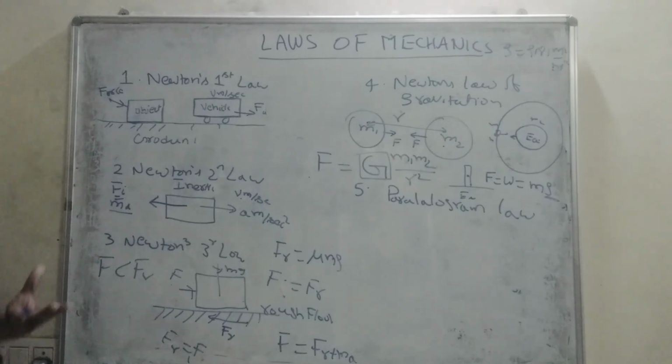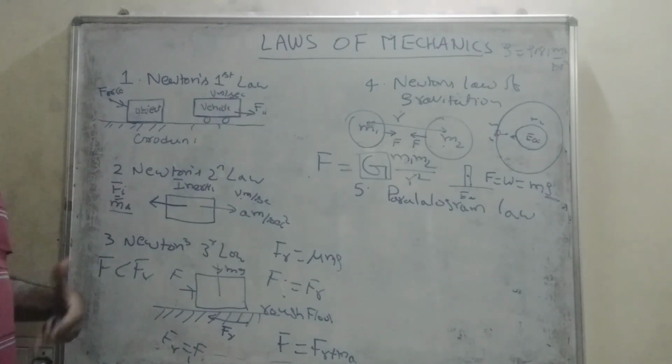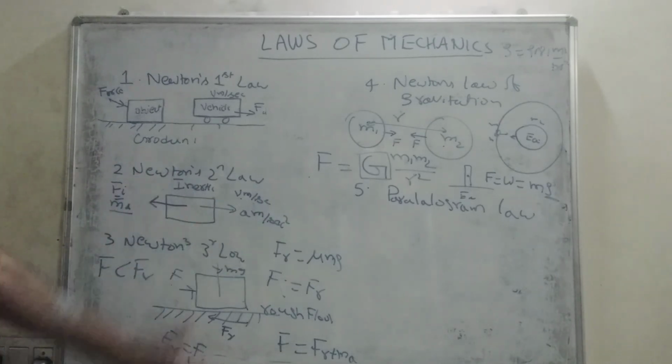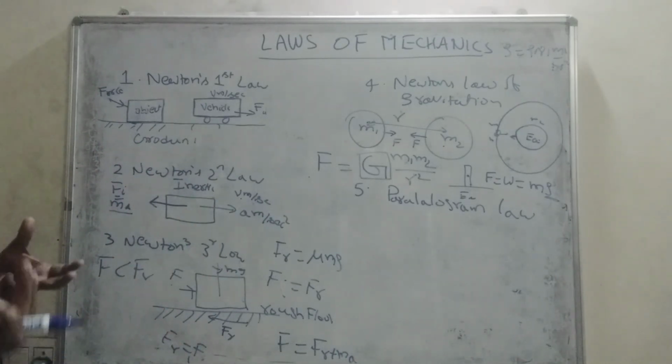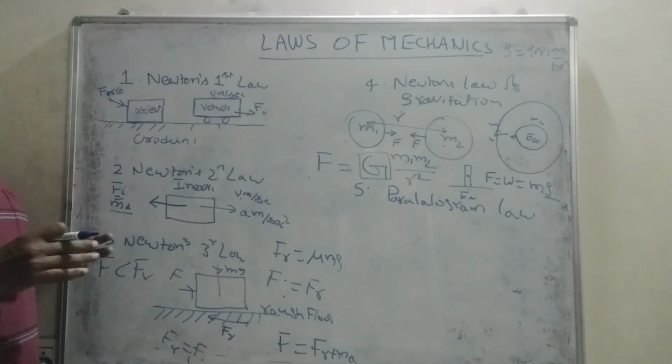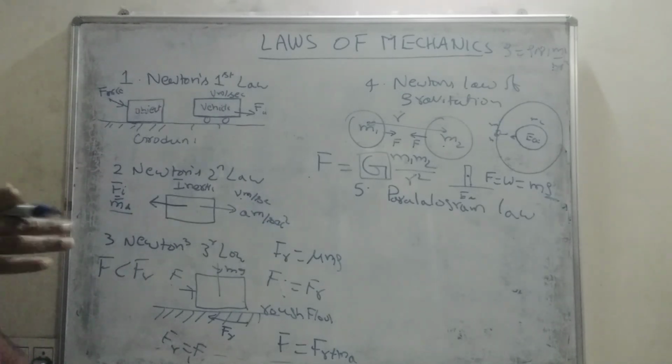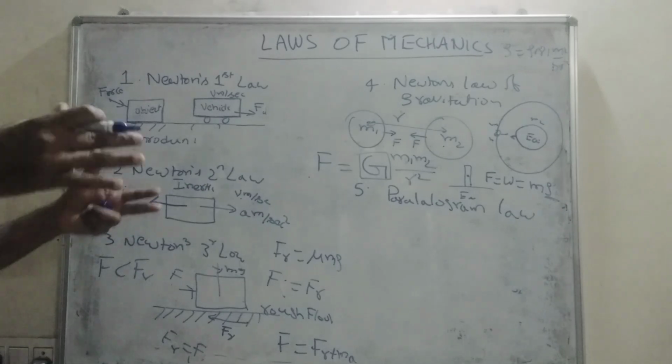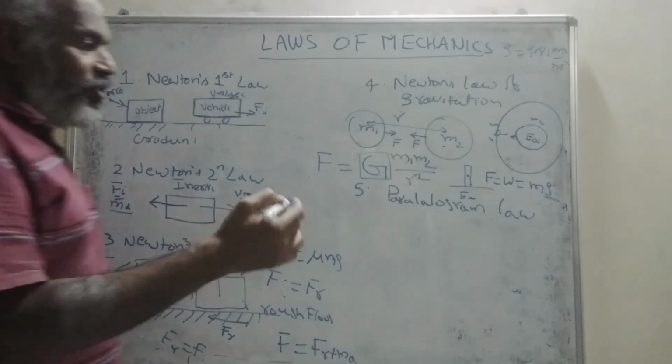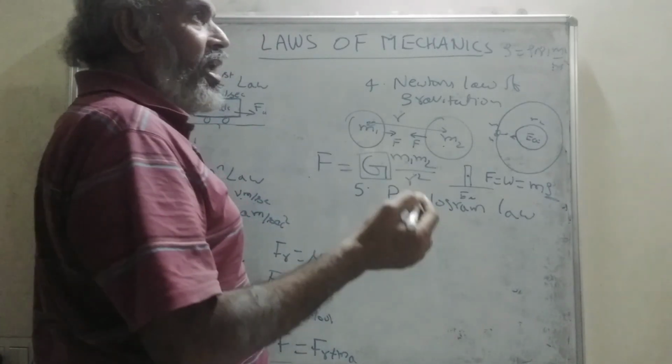Now, what is the parallelogram law? When you want to apply all these concepts on some practical problem, whether it is an automobile in motion or an engine where the piston is reciprocating and the crank is rotating, there are several forces acting at a point or at a distance. These forces can be replaced by a resultant.